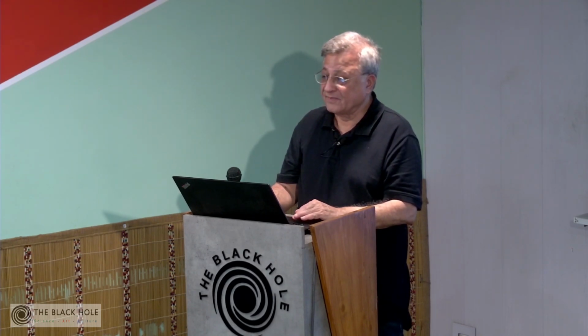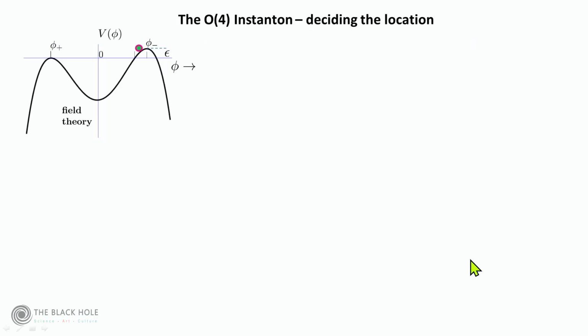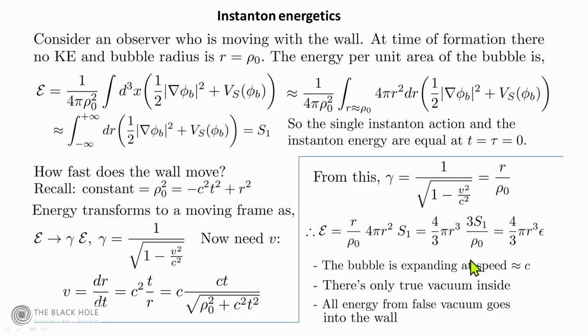Look over here: this rho naught is a constant, let's say it is 3 or 5 in some units.